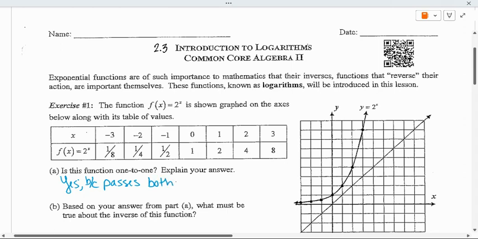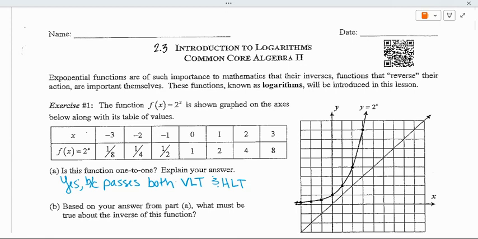Remember that the vertical line test just goes like this. Vertical lines, it only touches the function once. Horizontal line test, same thing, only touches the function once. So this passes both, and if it does, that means it's 1 to 1.